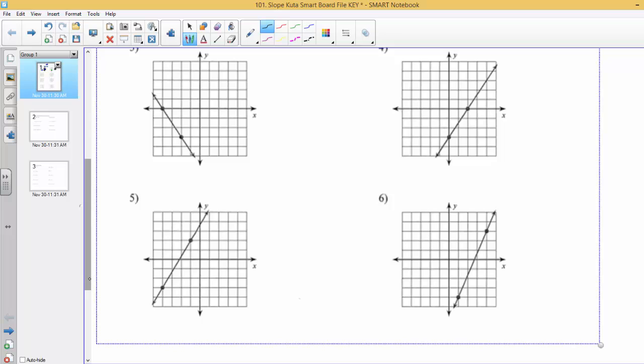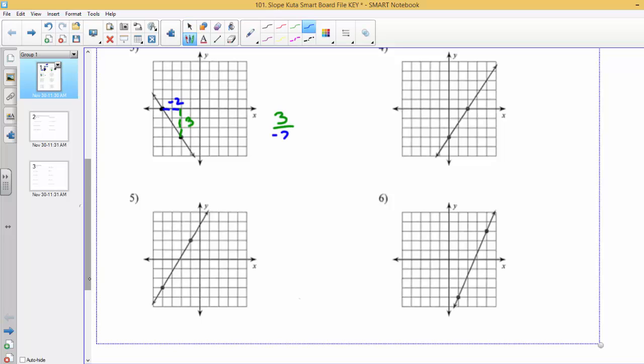All right, your 2 dots again are given. So your rise is up 3, and your run is back 2. So rise over run, 3 over negative 2.